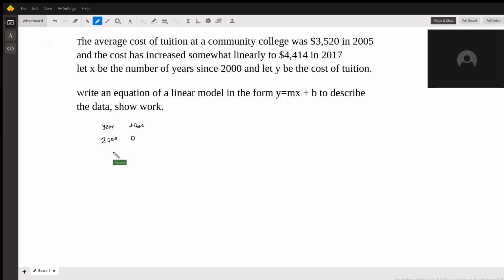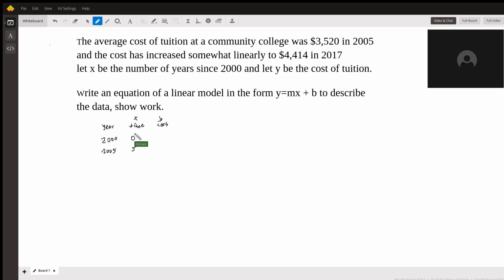We have a data point for 2005, and that's going to be time 5. And here's the cost here. This is our x variable. This is our y variable.